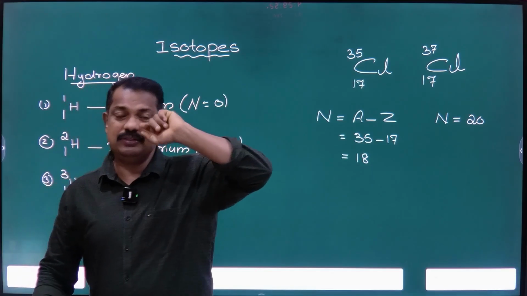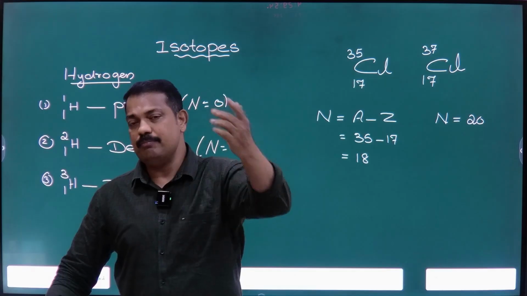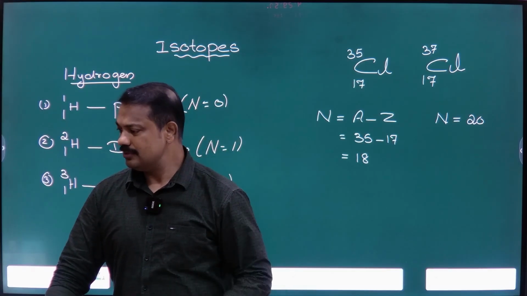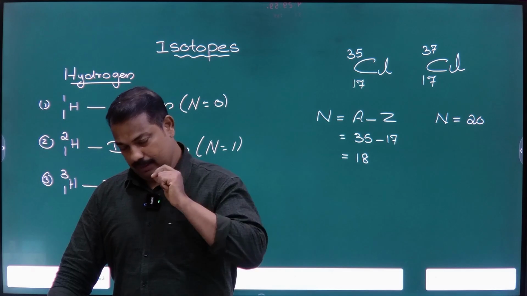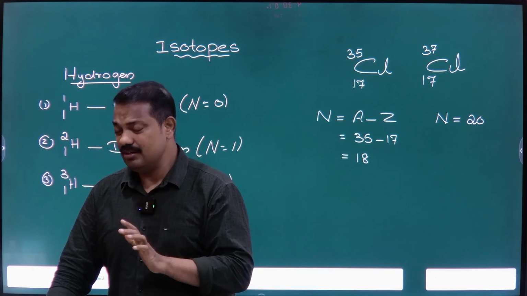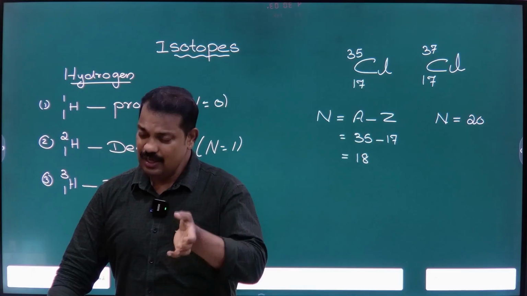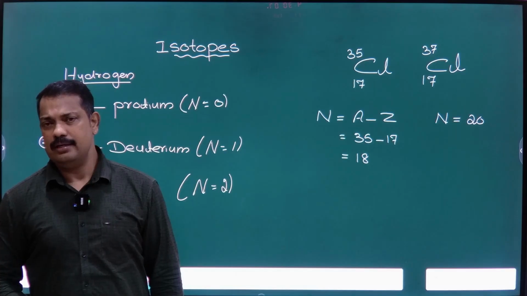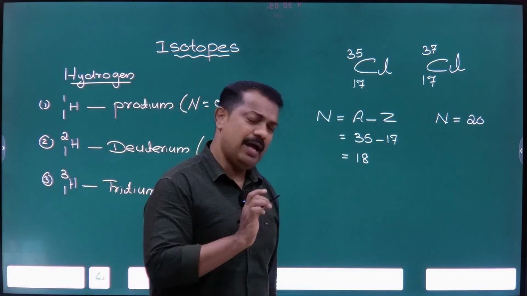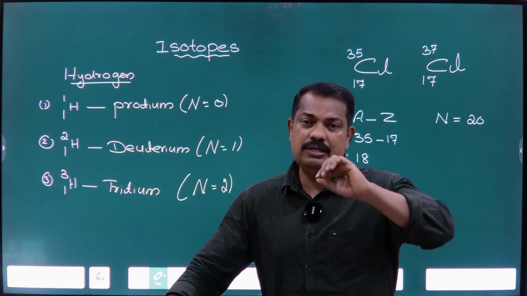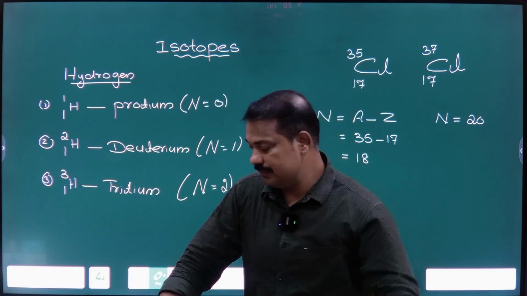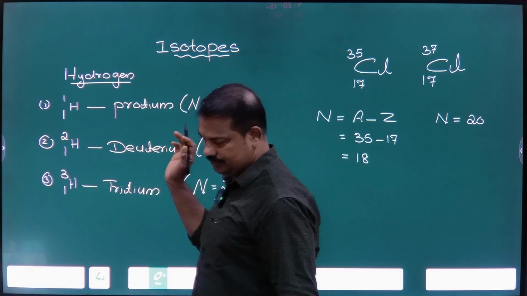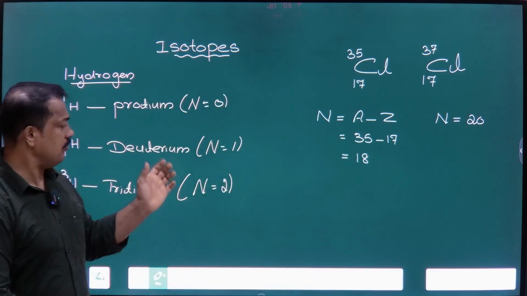Because of this, the mass number is also different, so they are called isotopes. What are isotopes? Atoms of the same element having the same atomic number but different mass numbers are called isotopes.